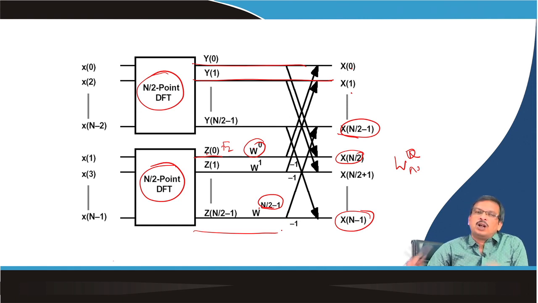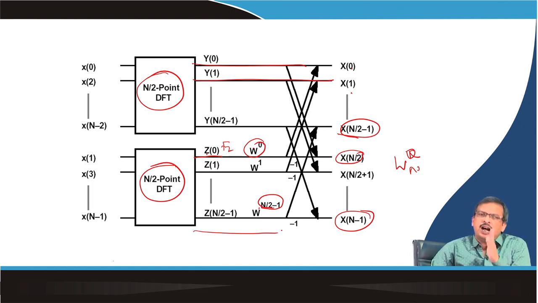Clear? So, what do I have to do? Instead of directly computing X k, I divided the sequence into two parts. The sequence varies from 0 to n minus 2, because the length of the even signal is n by 2 and the length of the odd signal is n by 2, and then I compute the n by 2 point DFT.